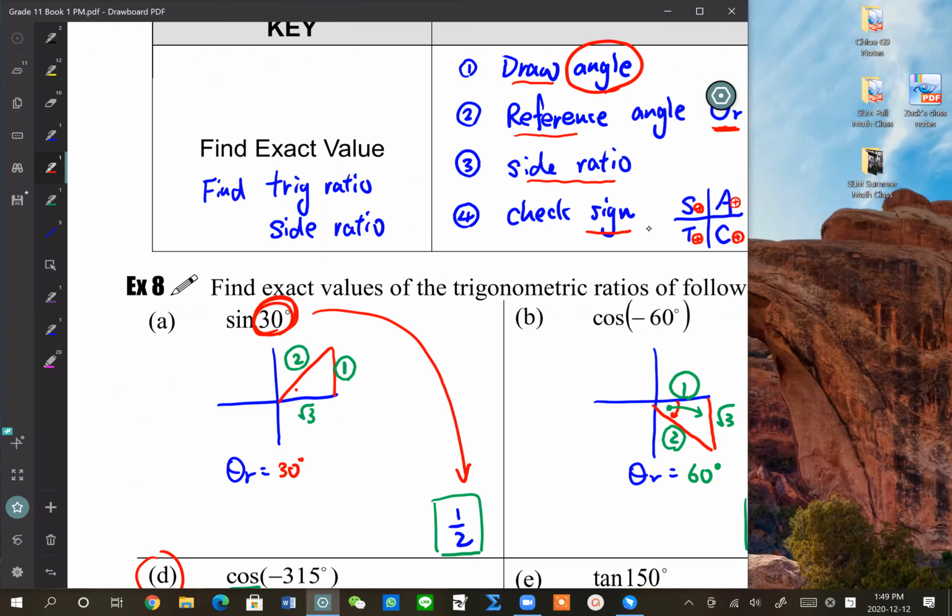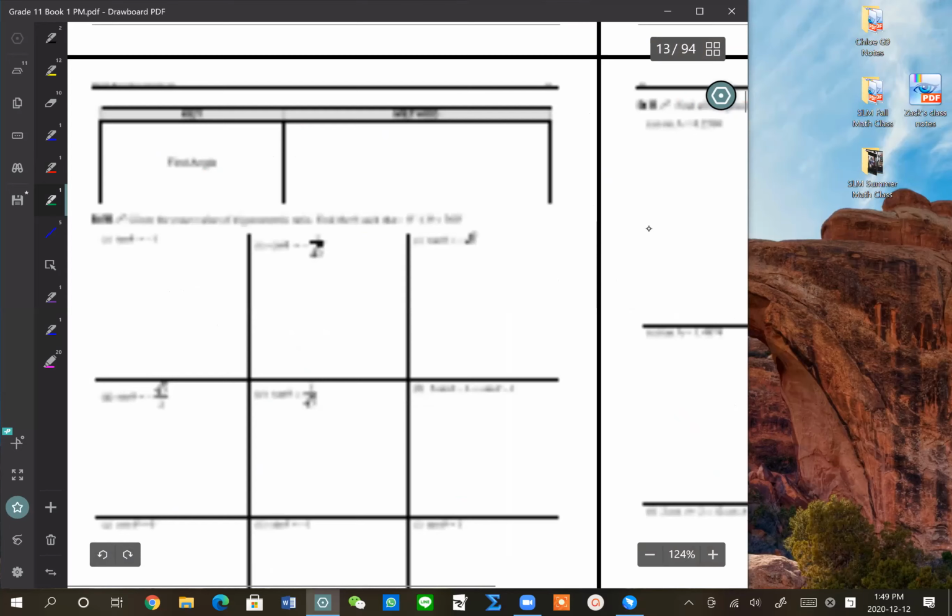Backwards means they will give you the ratio, and then you go back and find out what angle will give you that ratio. Because it's going backwards, the steps will be going backwards too. Used to be step 1, it will become step 4. So check sine will be our step 1 now.